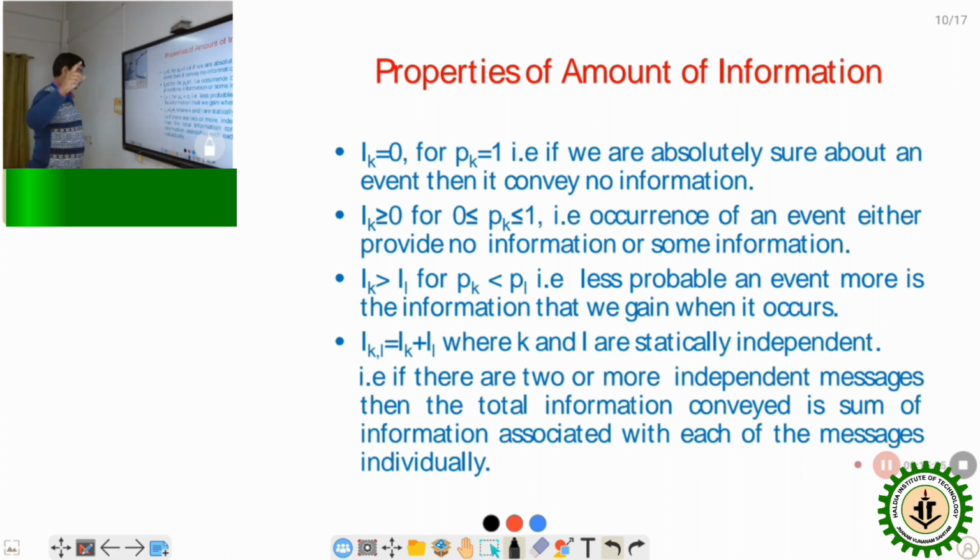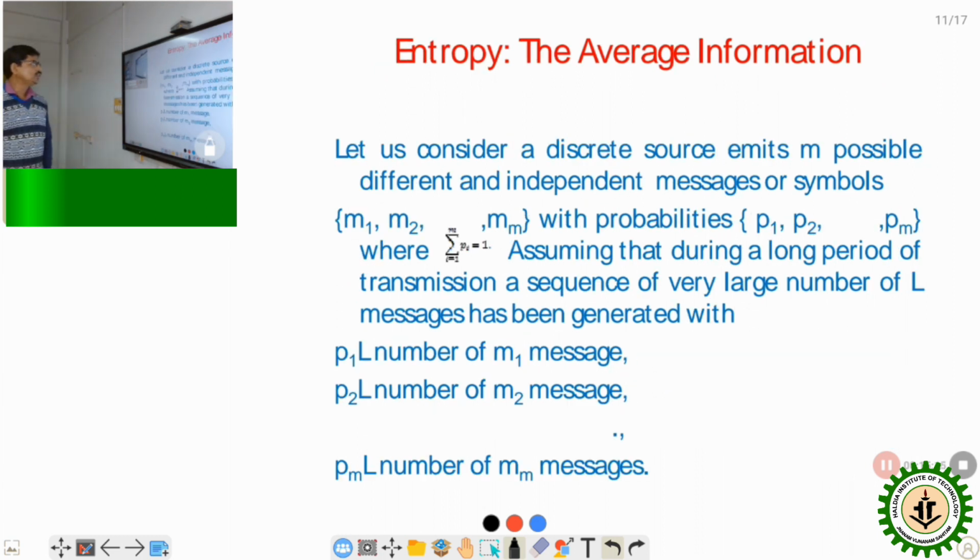So if we have m statistically independent messages, their total information will be the summation I1 plus I2 and so on plus Im. Now suppose a discrete memoryless source emits m different independent messages m1, m2, ..., mm with probabilities p1, p2, ..., pm.